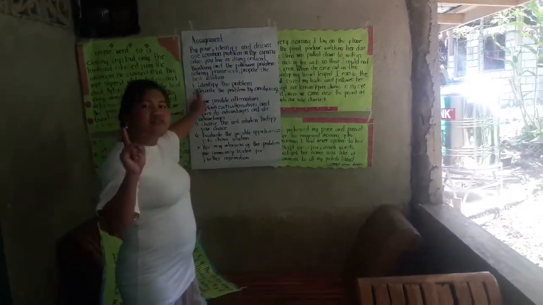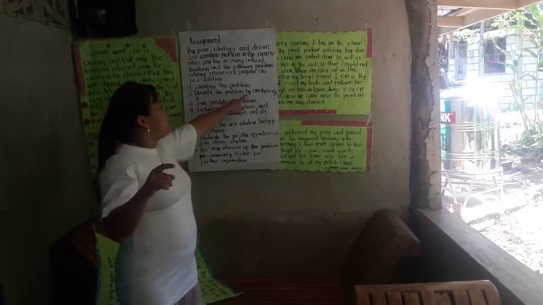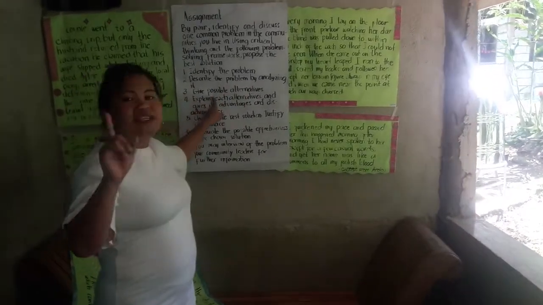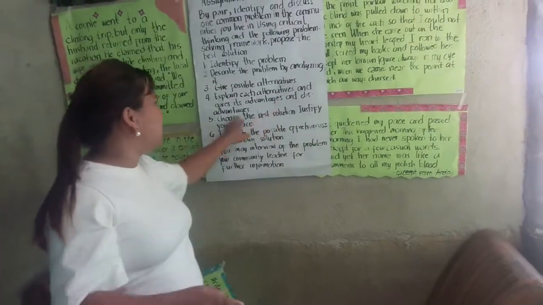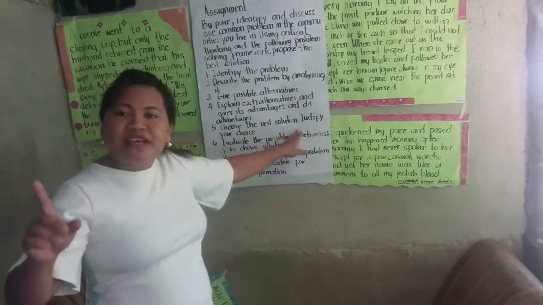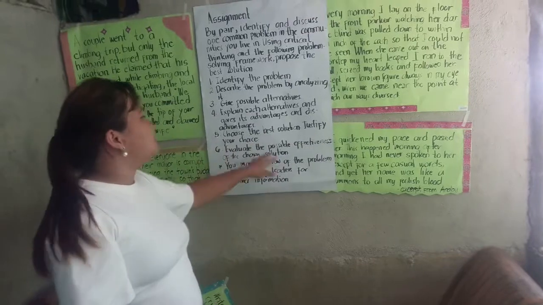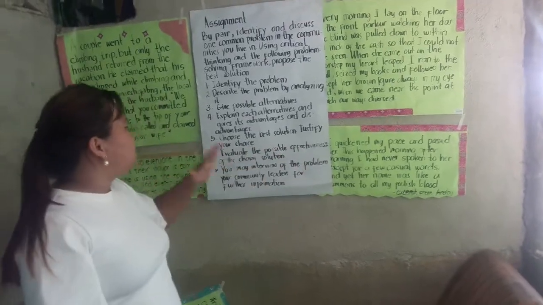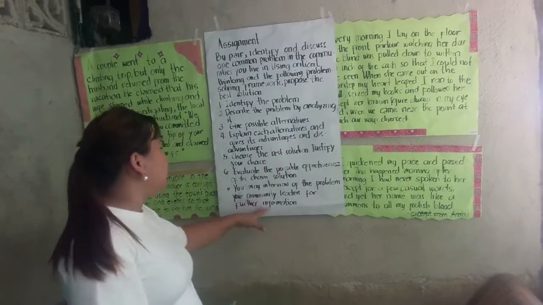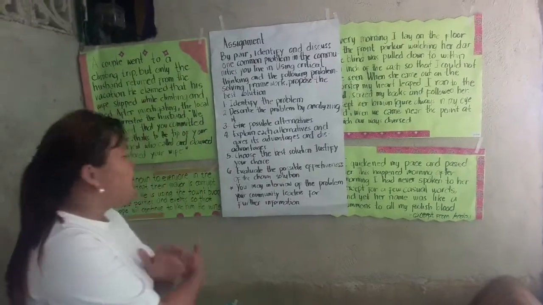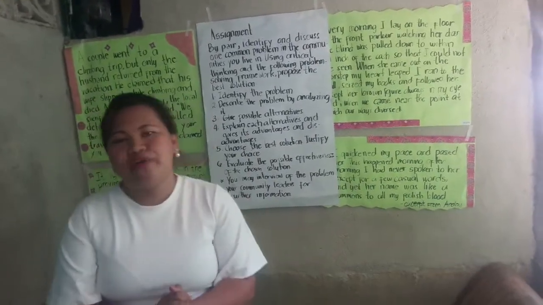So you have to identify the problem, describe the problem by analyzing it, give possible alternatives, explain each alternative and give advantages and disadvantages, choose the best solution, justify your choice, evaluate the possible effectiveness of the chosen solution, and you may interview community leaders for further information on the problem you are going to choose.